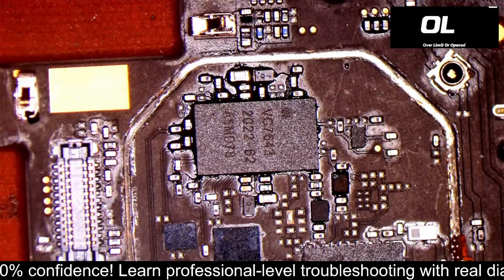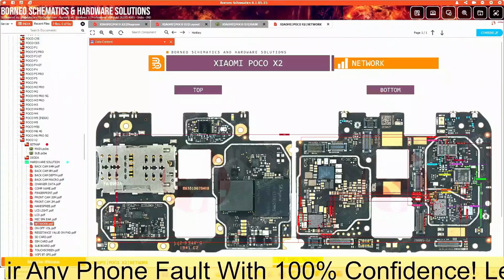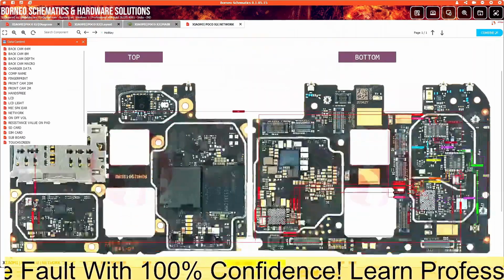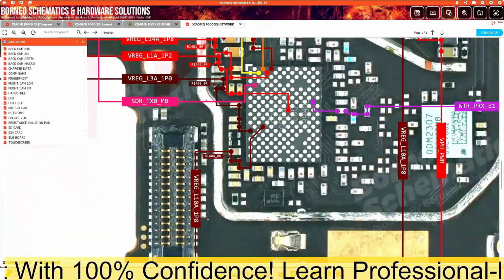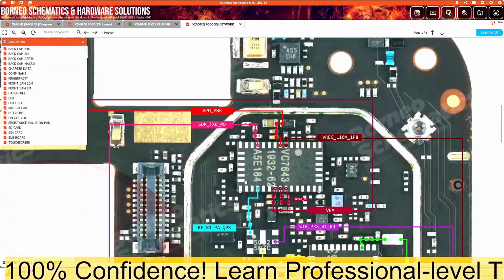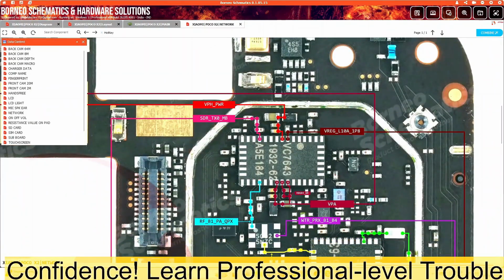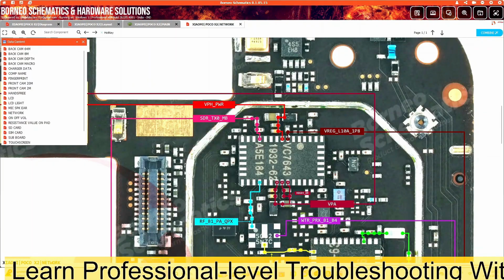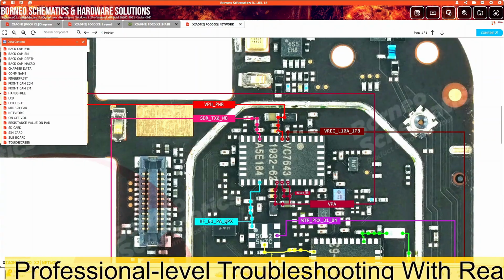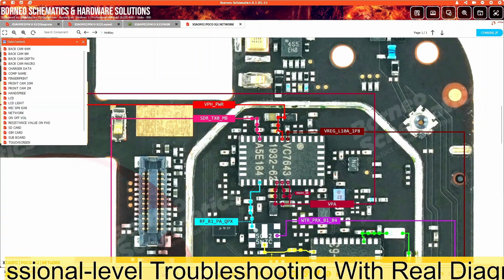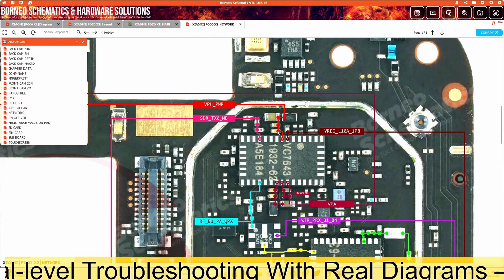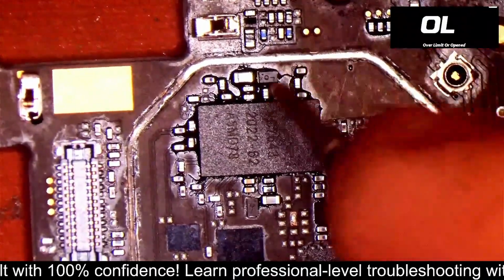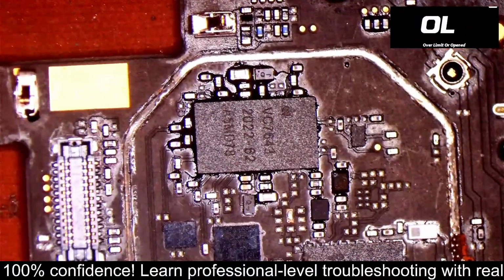So we go to the Borneo. So this one, right? This point has a 1.8, and this one is a 1.8, and there is a VPH power. So we check these two with the multimeter. Here let's connect a blade.